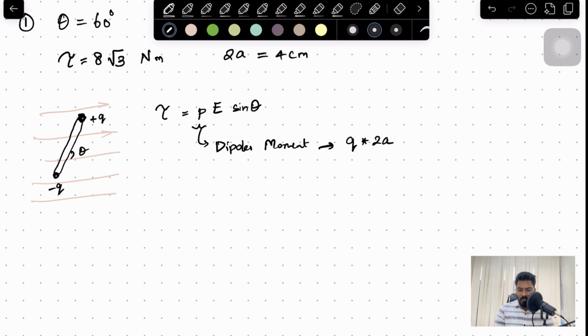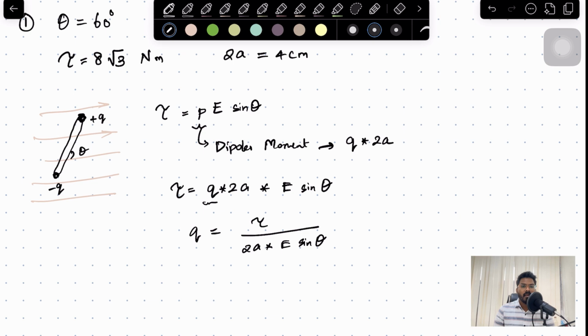When you substitute, tau equals Q into 2a into E sine theta. Now we are looking for Q, so can we keep just Q on this side and transfer everything else to the other side? Q equals tau divided by 2a into E multiplied by sine theta. I think we have every required value to solve this question.